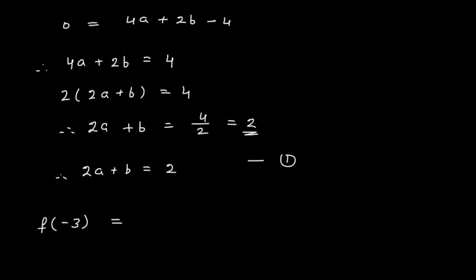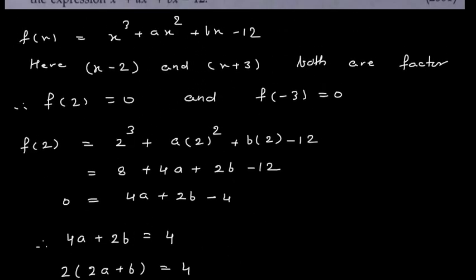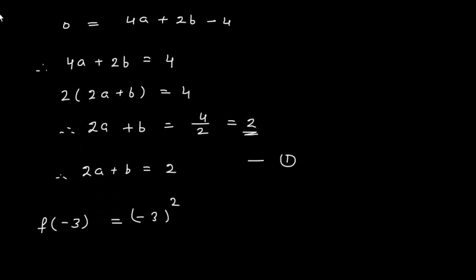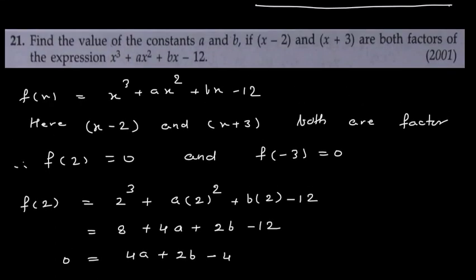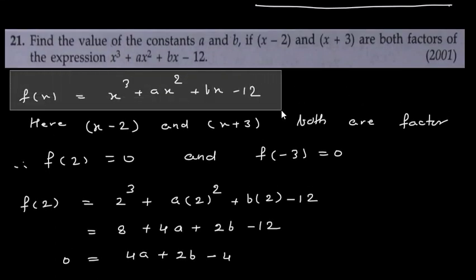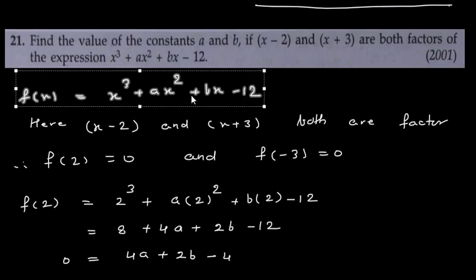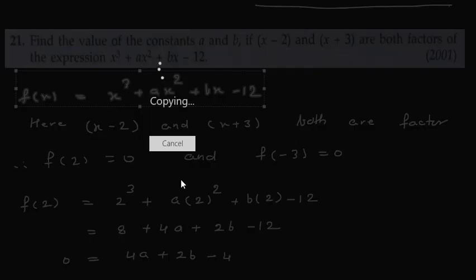So better what we do, we first write what is f of x. We write f(x) here also. I will copy from here and paste the same thing. So now it is easy for me to write f of minus 3.